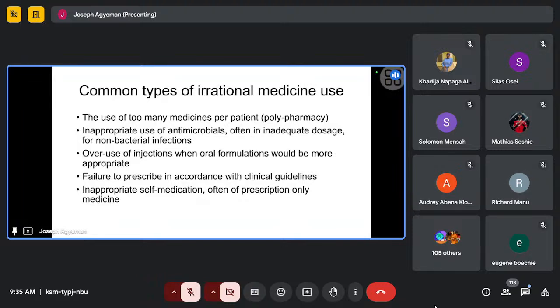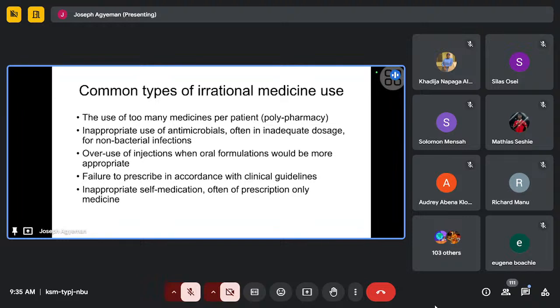So overuse of injections, when oral medication would be more appropriate, or even when the two are appropriate, but you realize that when it comes to safety issues and convenience, oral medications would be more appropriate.